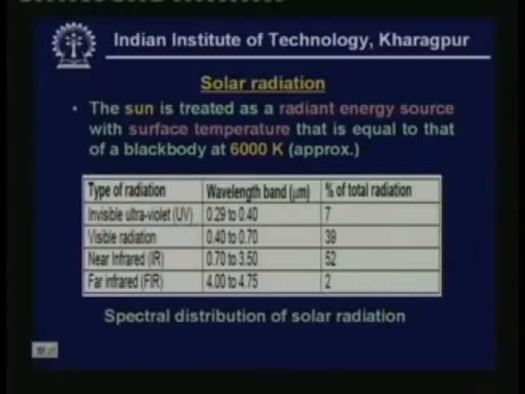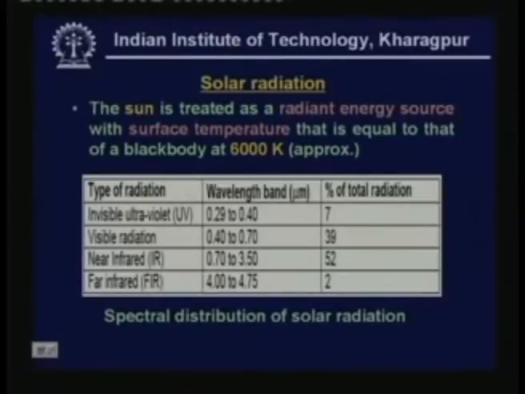You can see here that the solar radiation stretches from about 0.29 microns up to about 4.75 microns, and it consists of invisible ultraviolet radiation which lies in the wavelength band of 0.29 microns to 0.4 microns, and it consists of about 7% of the total radiation.